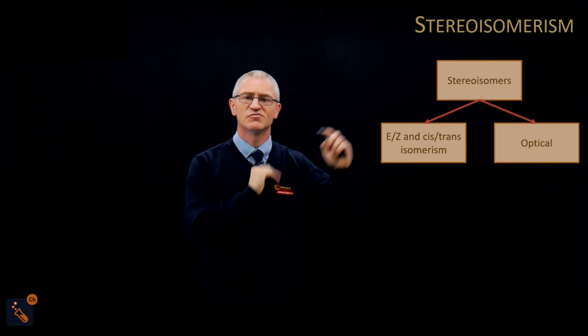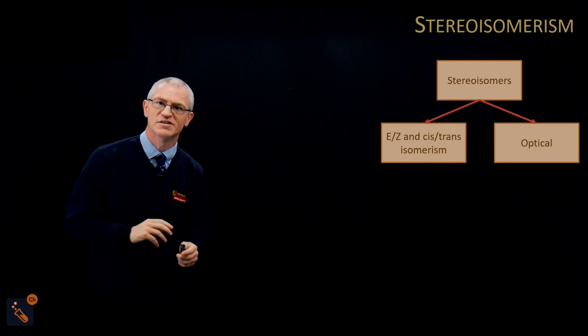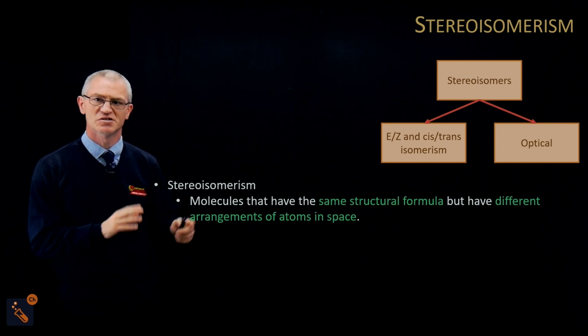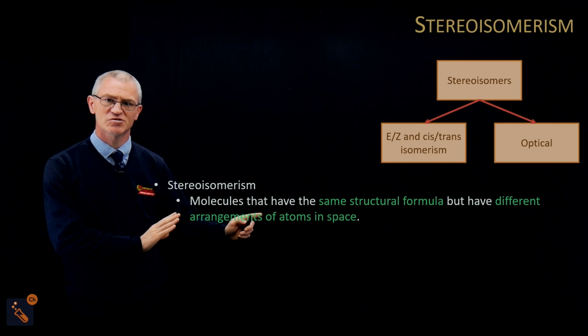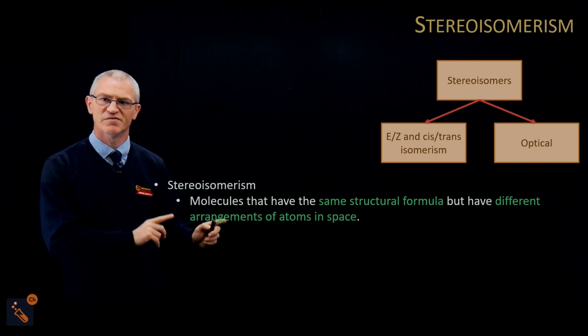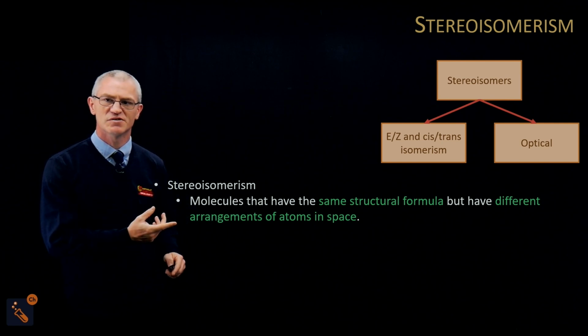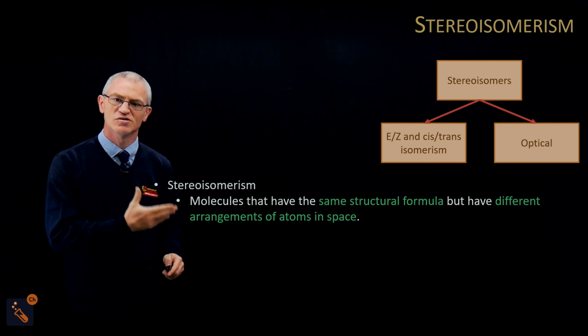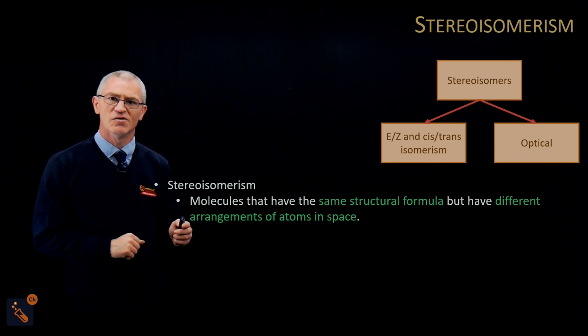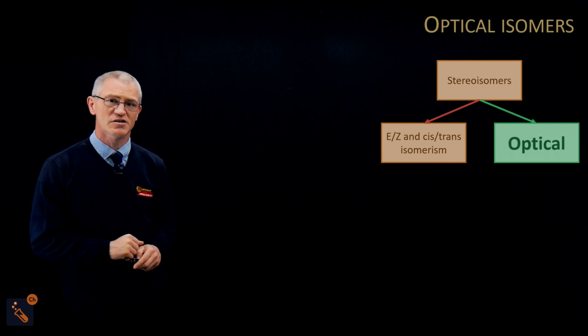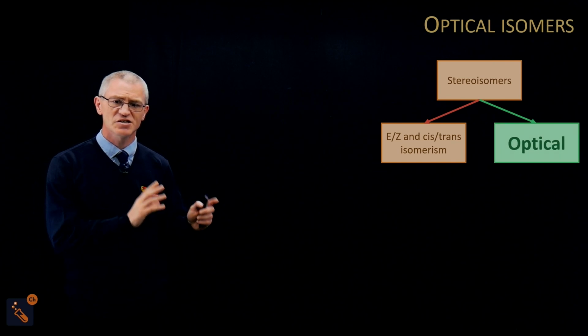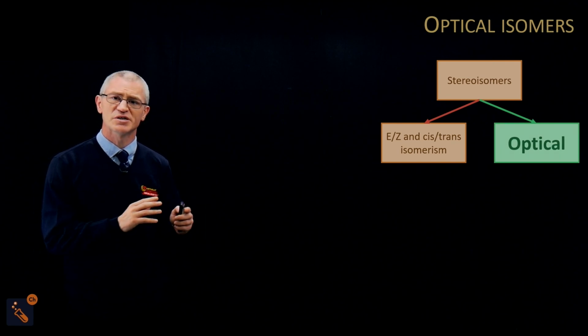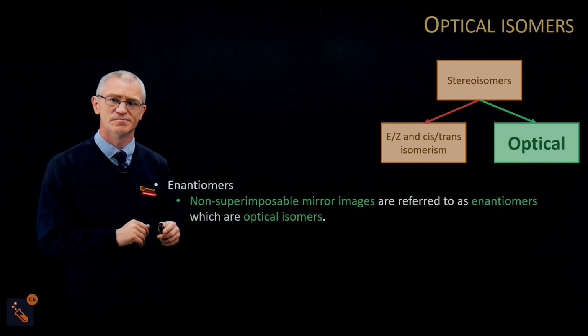But before we do that, let's remind you of what the definition was for stereoisomers. Molecules that have the same structural formula, but a different arrangement of atoms in space. It's so often asked, so make sure you know it. Now, we're going to focus on the optical isomers. Those optical isomers can also be called enantiomers.